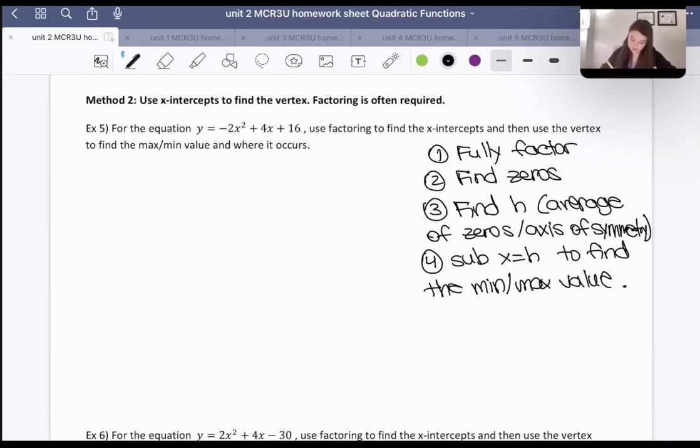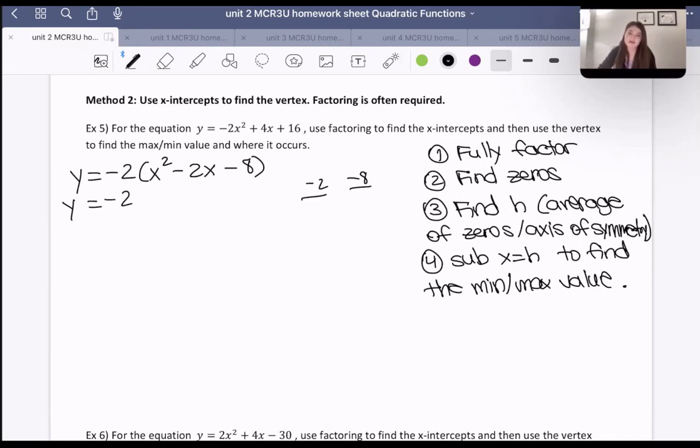Let's stop stalling here. Y is equal to, common factor first, x squared minus 2x minus 8, which is equal to, let's see, what are two things that multiply to negative 8 and add up to negative 2? Maybe negative 4 and 2.